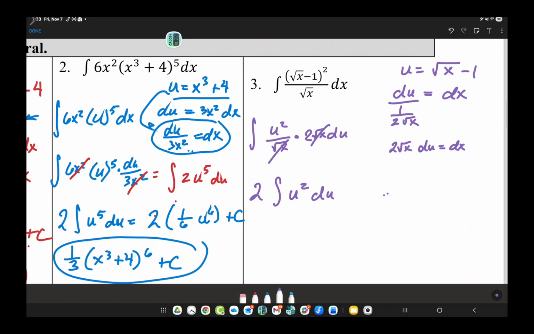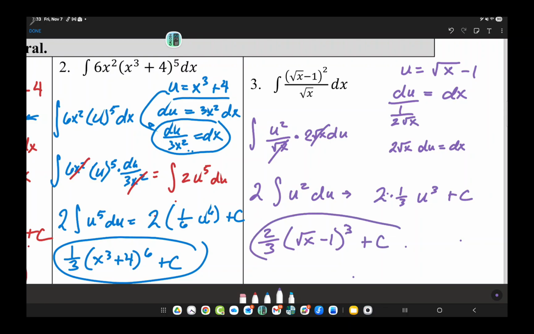So that's going to give you 2 times 1/3 of u cubed plus c. So that will be 2/3 of the square root of x minus 1 cubed plus c.